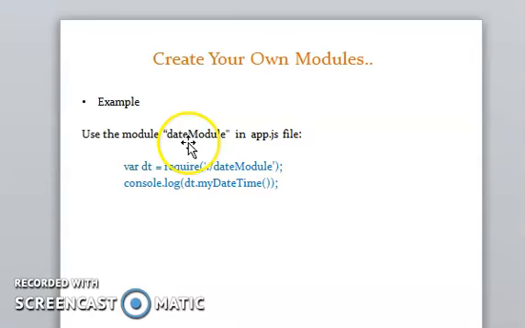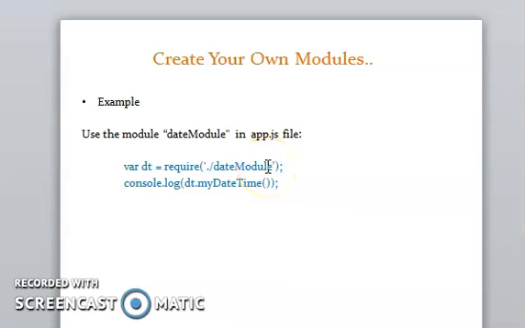This is my module where I saved the date functions, and this current file is app.js. So in app.js, I am using the require function. By using require, I am taking that date module. That is my file name, in the same folder, so I am using ./date module.